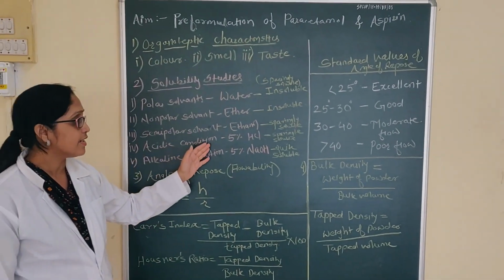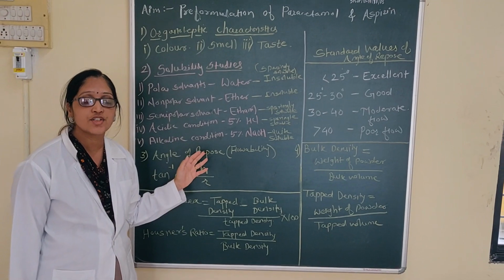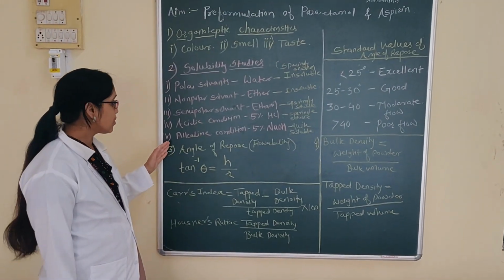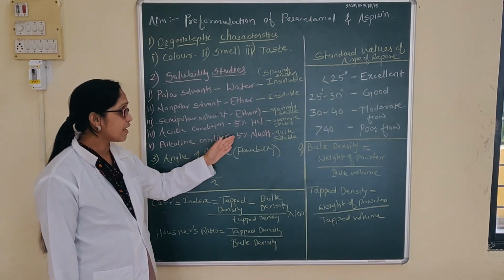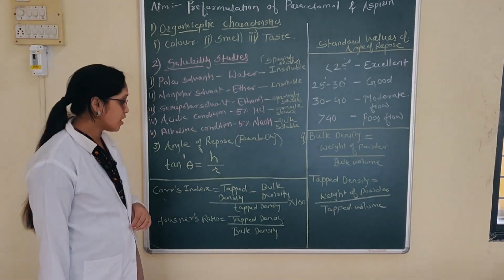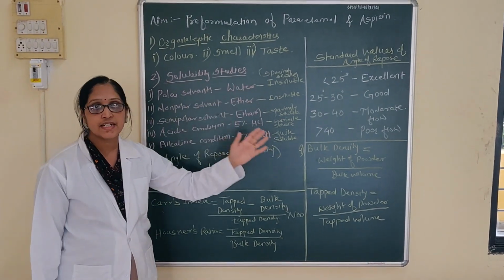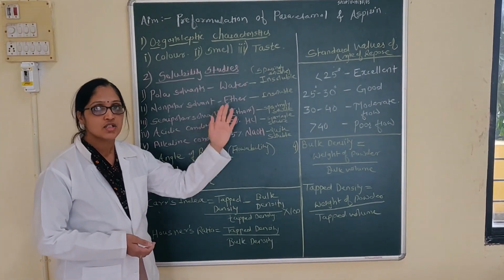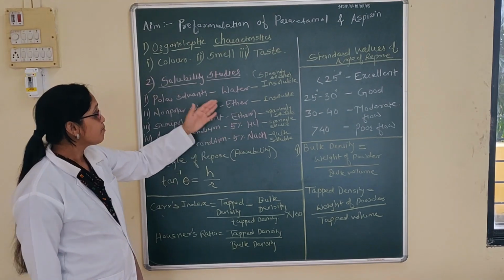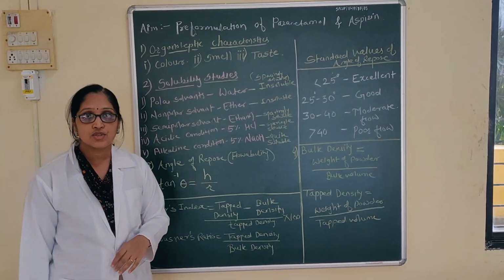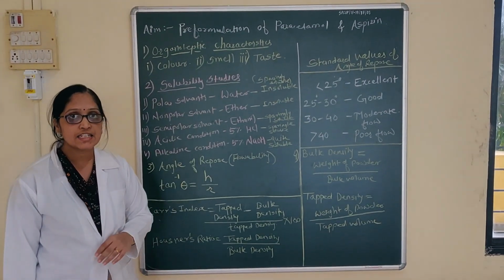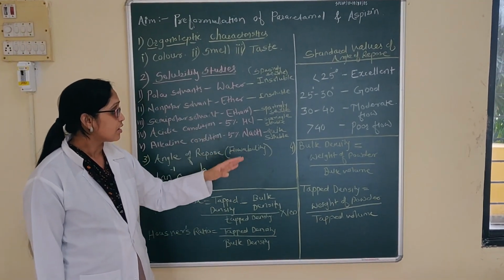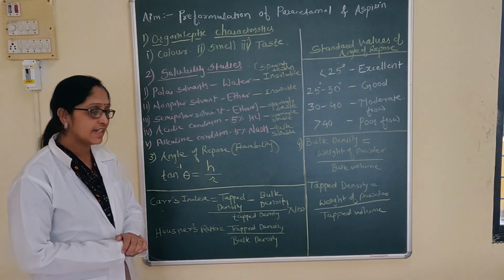In acidic condition it is also necessary to find solubility, so 5% HCl was used, and for alkaline condition 5% NaOH. We found the drug is sparingly soluble in water, ether and ethanol, and quite soluble in alkaline medium.